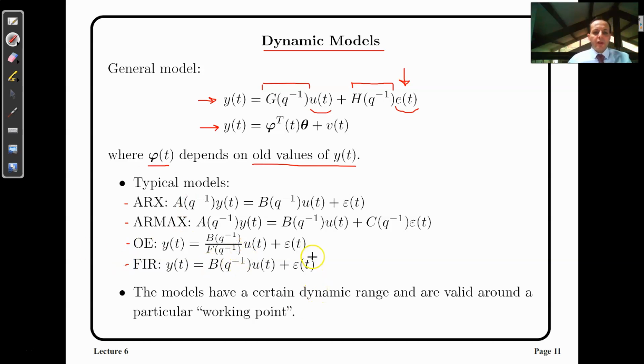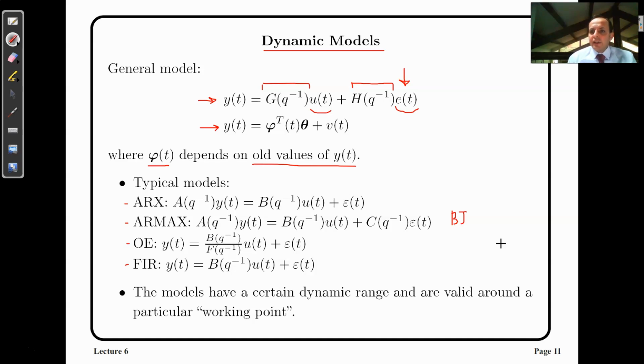Possible typical models, of course, the FIR are static models, but in general we have also the most general one, which is not included here, the class of models called Box and Jenkins, from the name of their developers.